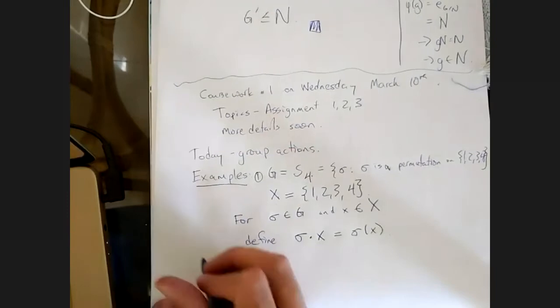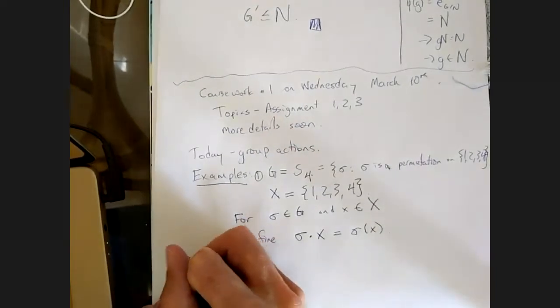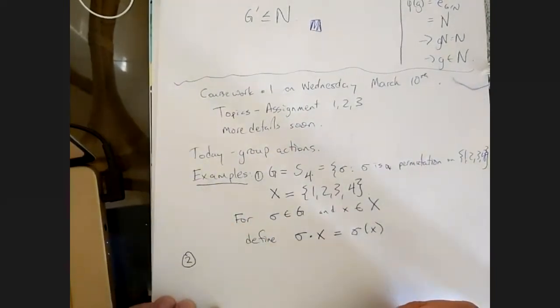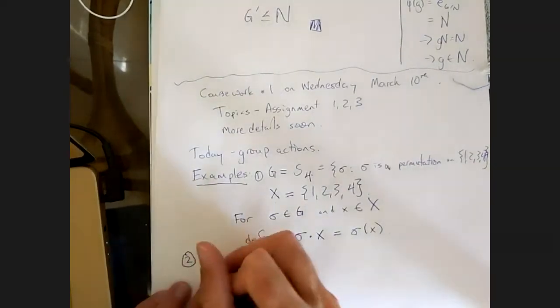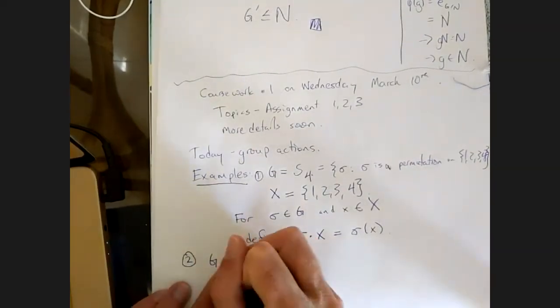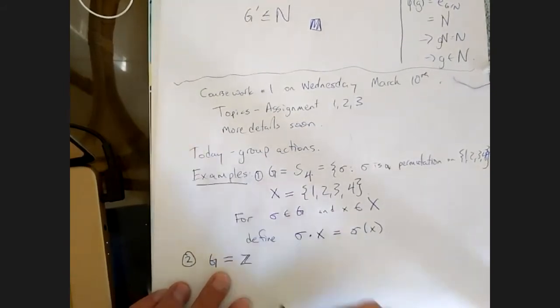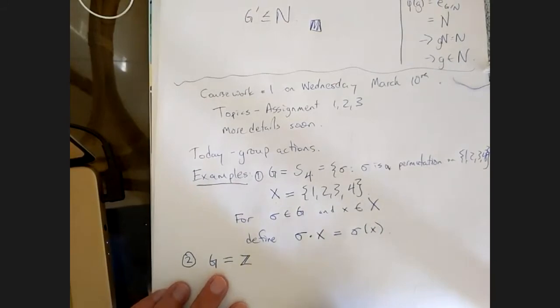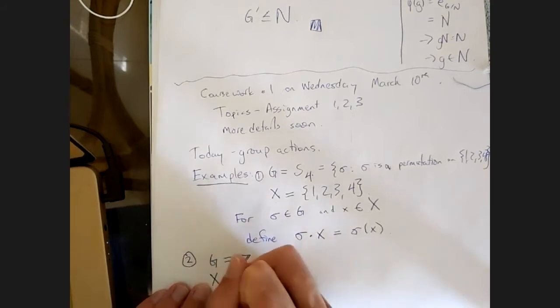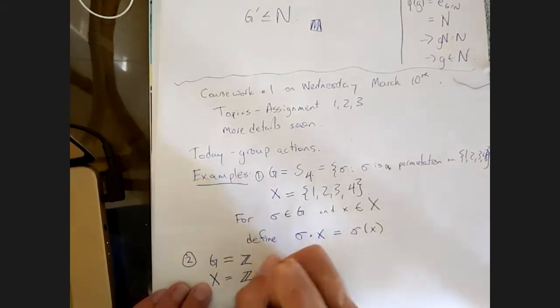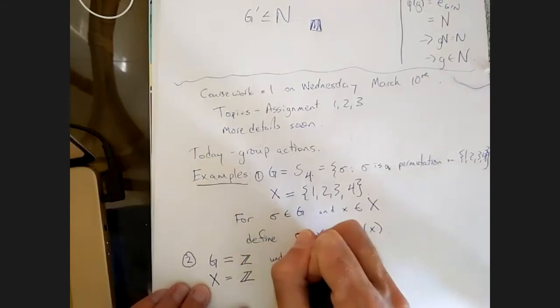Okay, another example. G might be the integers, and then X is also going to be the integers. This is the integers under addition.